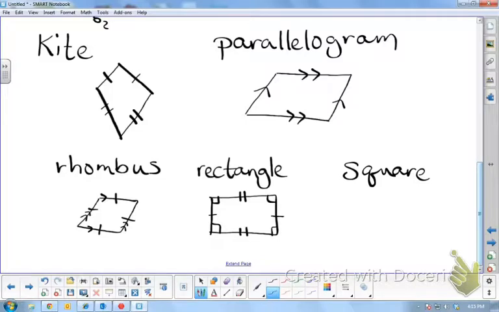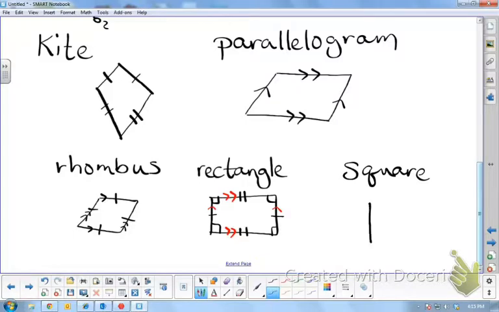So just like a rhombus can be called a parallelogram, a rectangle can also be called a parallelogram. A parallelogram just had to have the top and bottom sides parallel, left and right sides parallel, and that's also true for a rectangle. The left and right sides are parallel to each other, top and bottom sides are parallel to each other. So a rectangle can also be called a parallelogram.